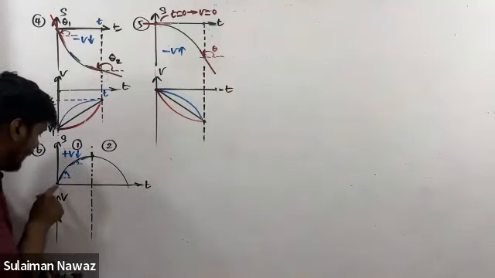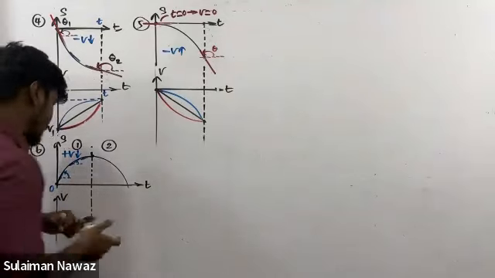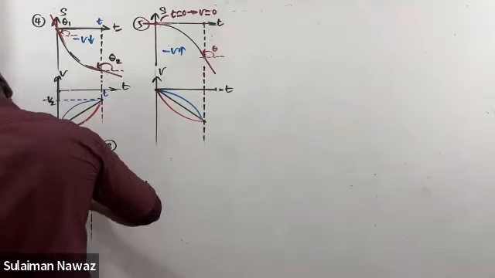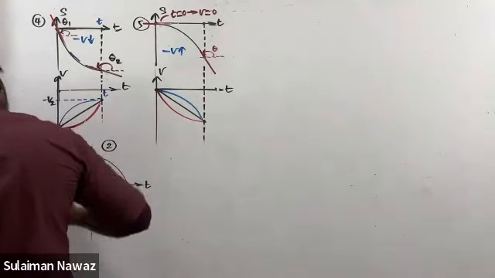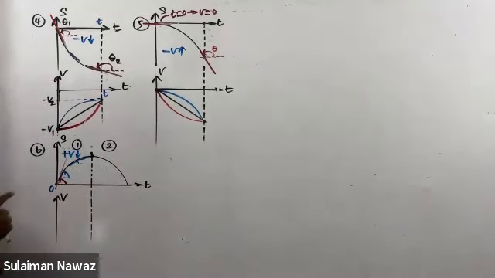And just think about when t equals 0. When t equals 0, if you draw a tangent line, the tangent line makes an acute angle.